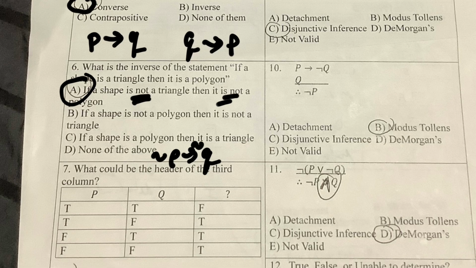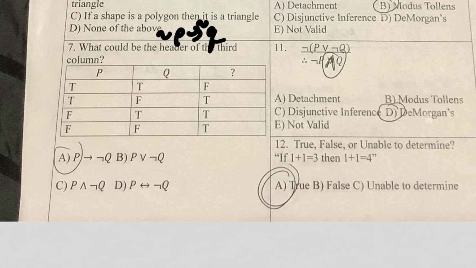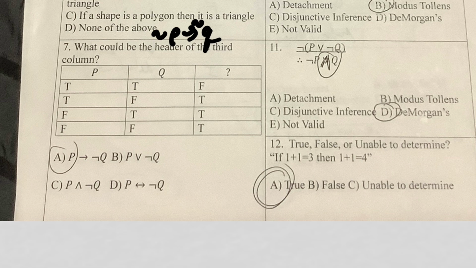Number 7. So this one's kind of funny because you see there are 3 trues and a false, which actually happens for or statements. And it also happens for if-then statements. So this potentially could have been an or statement, like that.